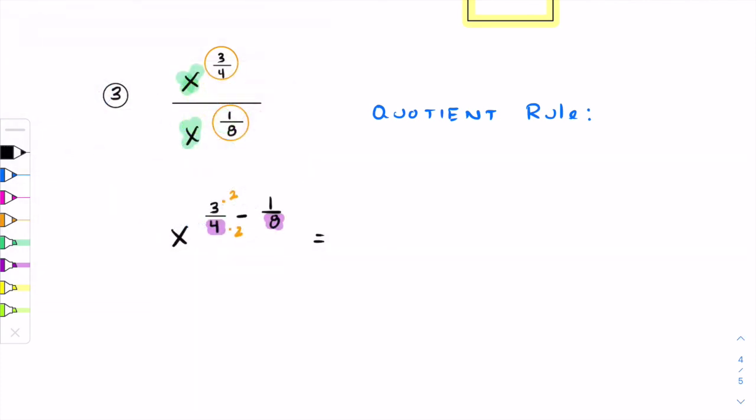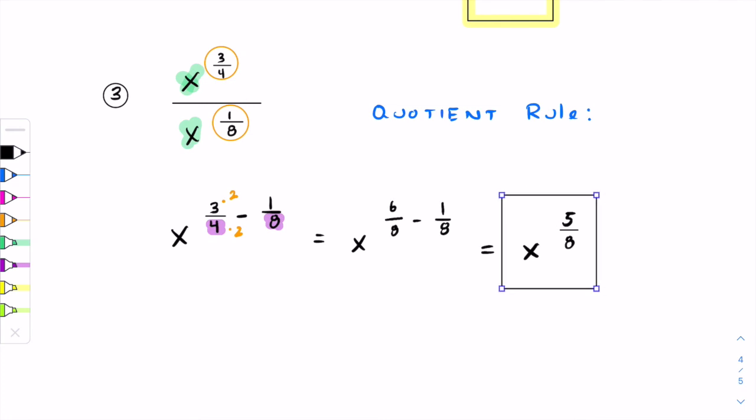This becomes x to the power of 6 over 8 minus 1 over 8. Our final answer, when we subtract our numerators, gives us 5, and our denominator remains as 8. Of course, that is an exponent, so x raised to the power of 5 over 8 is our final answer.